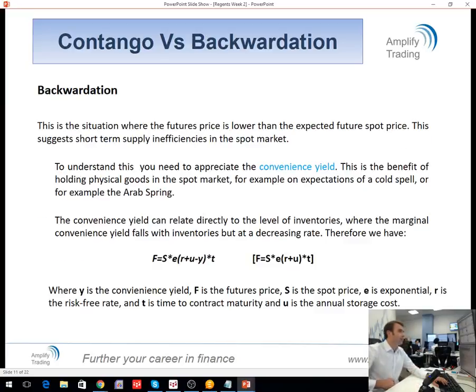The opposite happens when there's something called a high convenience yield. If you believe that supply of this product is tight and limited, you might be more willing to pay for the convenience of having that product delivered today. So you're willing to pay more for oil for the front month rather than for 6 months' time.